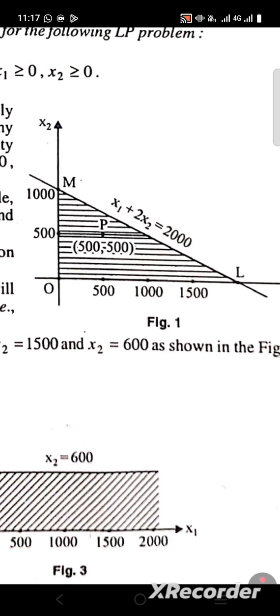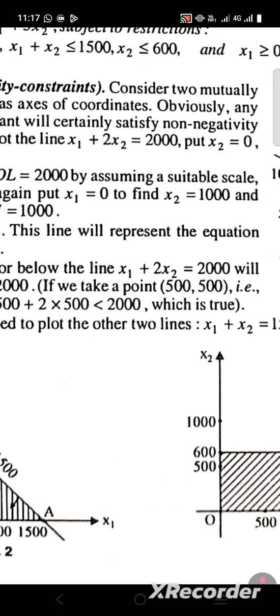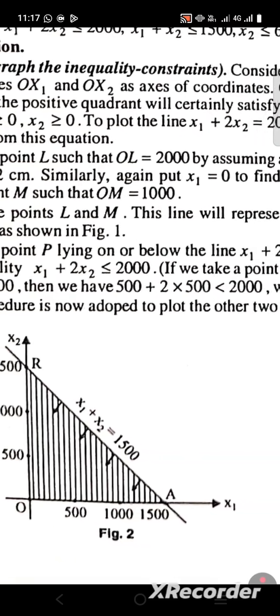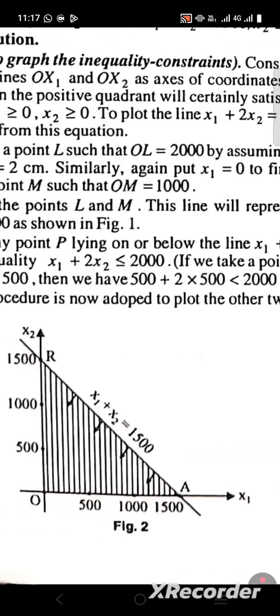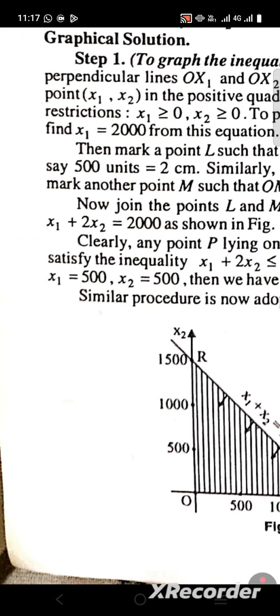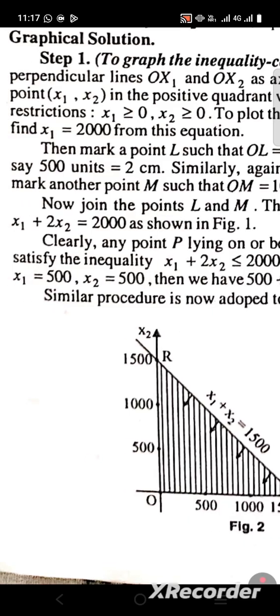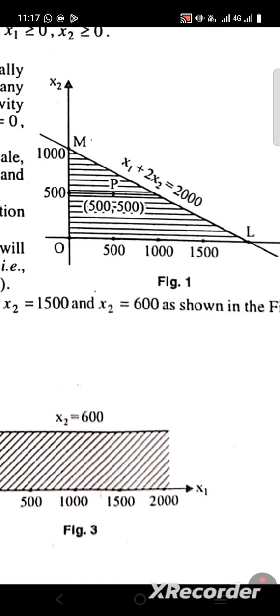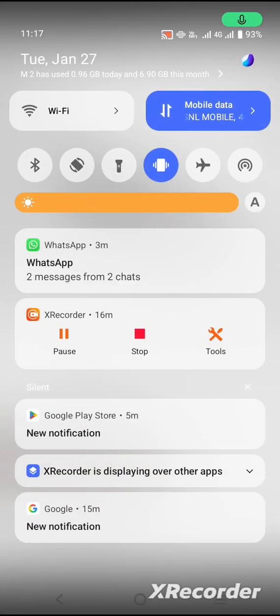Now join the points L and M, and this line ML represents the equation x1 plus 2x2 equal to 2000, as shown in the figure.